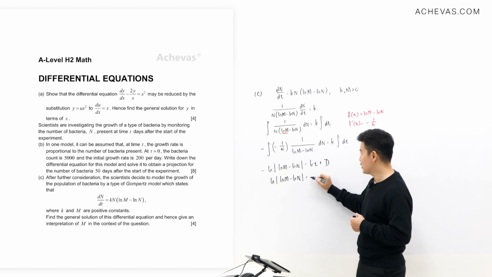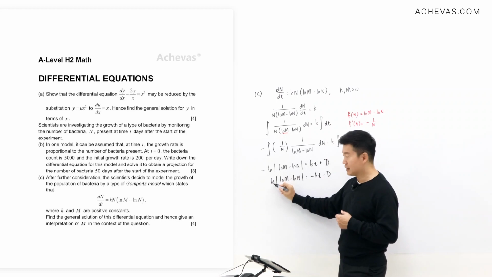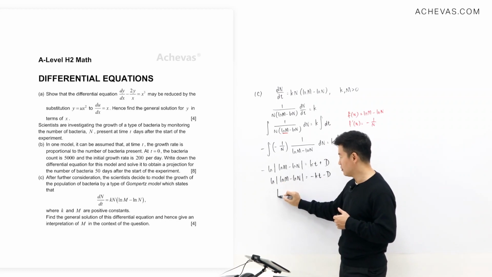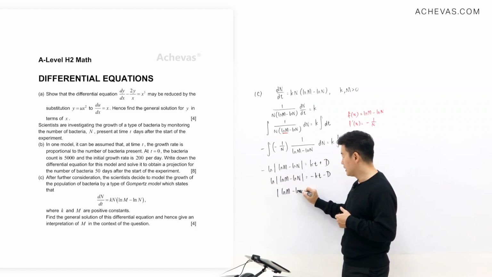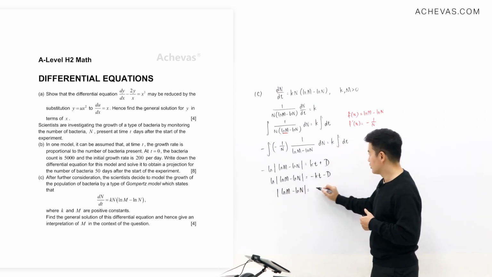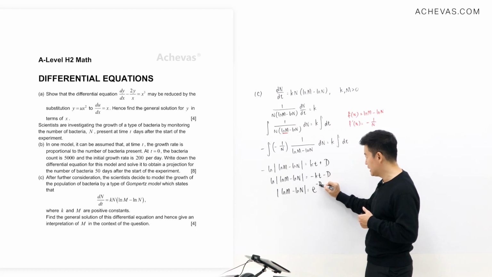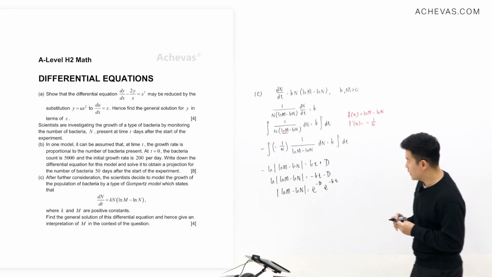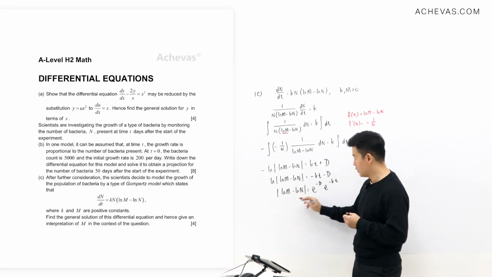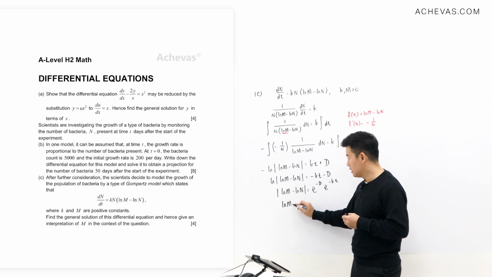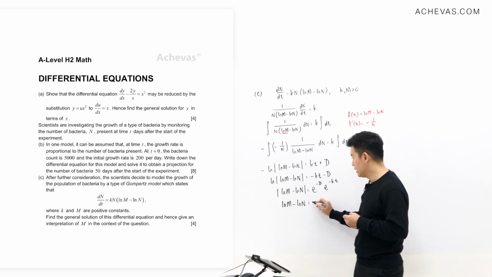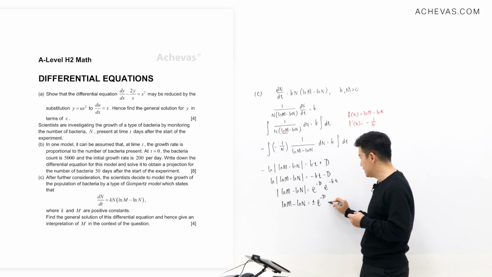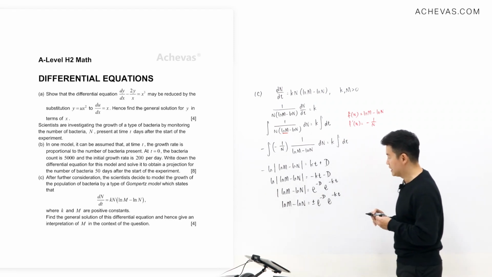So this is going to be equal to minus kt minus d, and removing this particular ln, it is going to be modulus of ln m minus ln n is going to be e to the power of this, which I'm going to break up into e to the power of minus d, e to the power of minus kt. Okay, now we have this, let me remove the modulus, leaving me with ln m minus ln n is plus or minus e to the power of minus d, e to the power of minus kt.